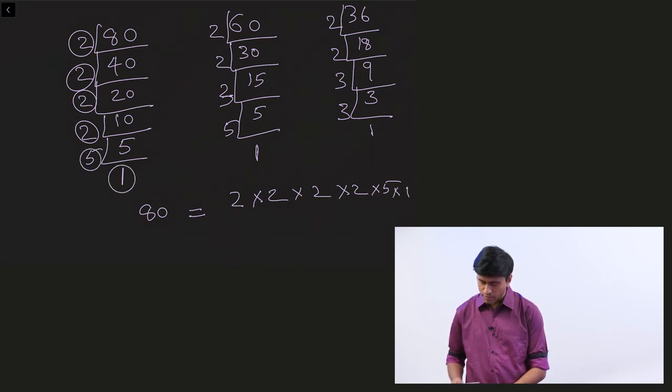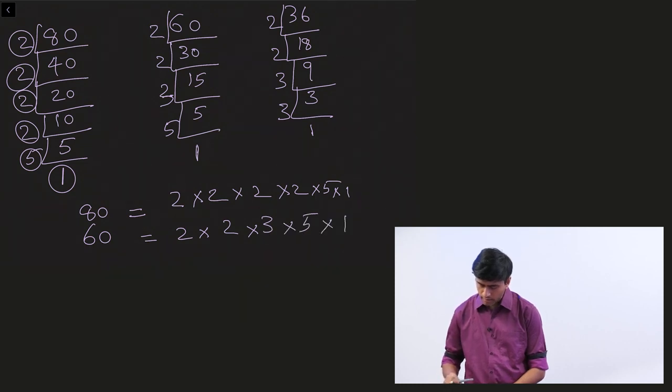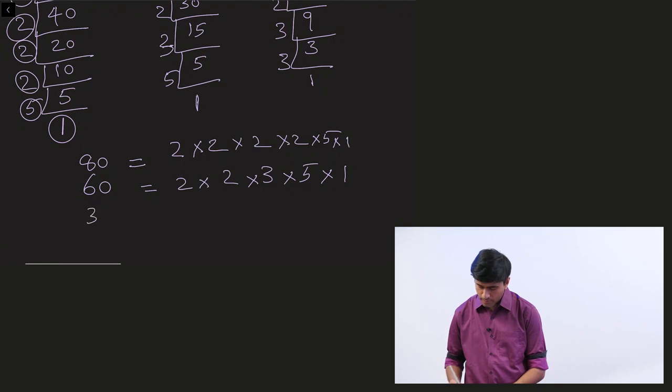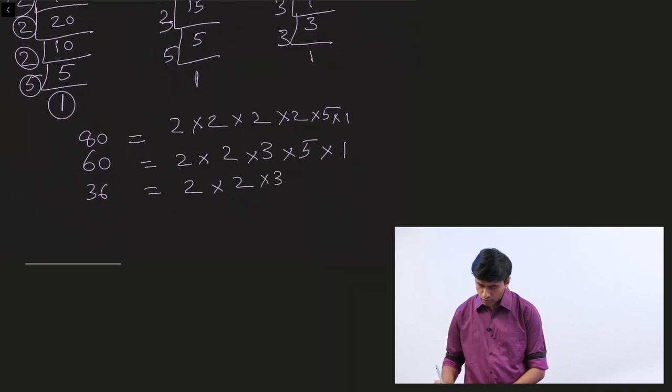In the same way, let's do it for 60: 2 into 2 into 3 into 5 into 1. And for 36, 2 into 2 into 3 into 3 into 1.